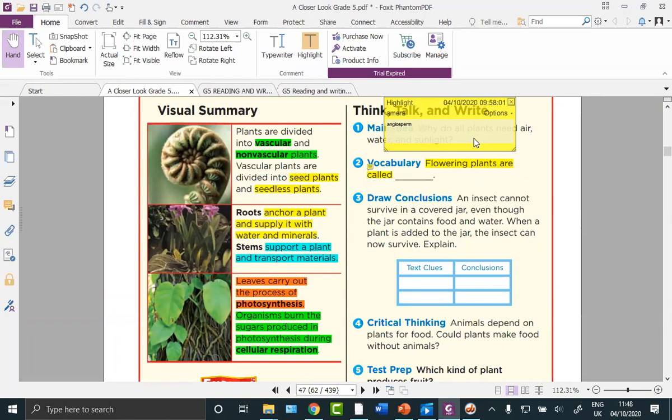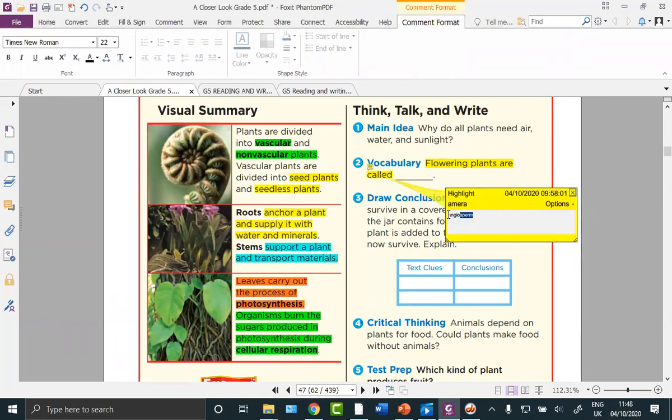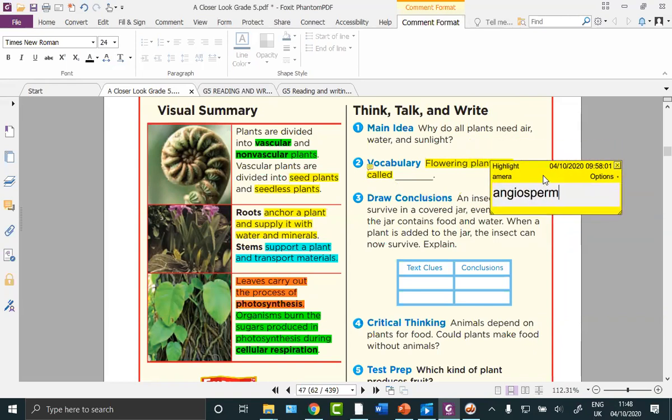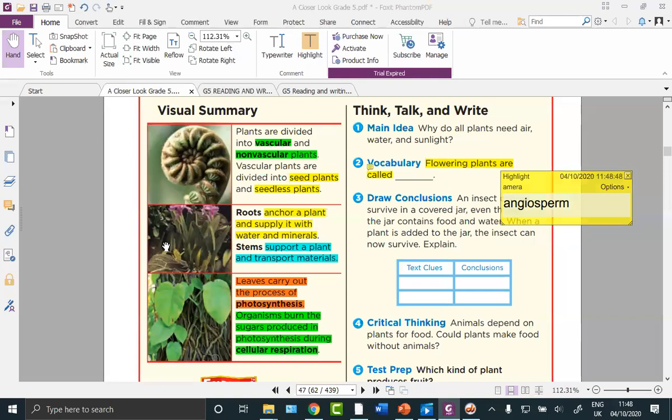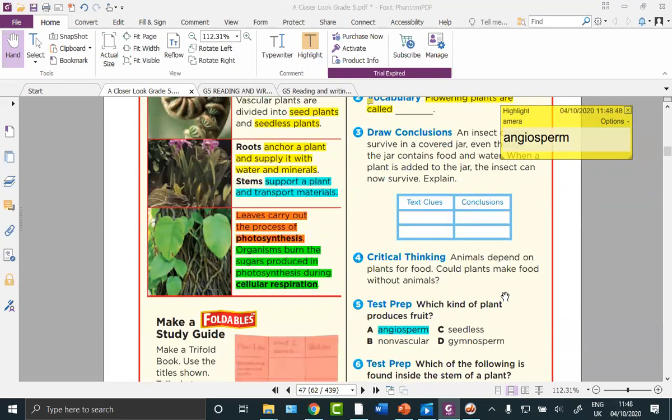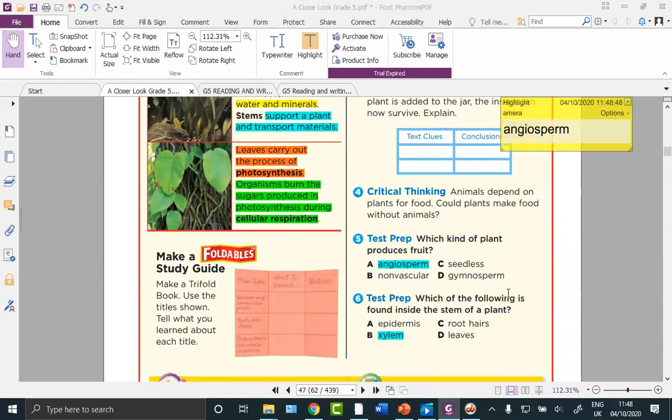Okay. Flowering plants are called gymnosperm. Check your answer. Plants get oxygen from air.